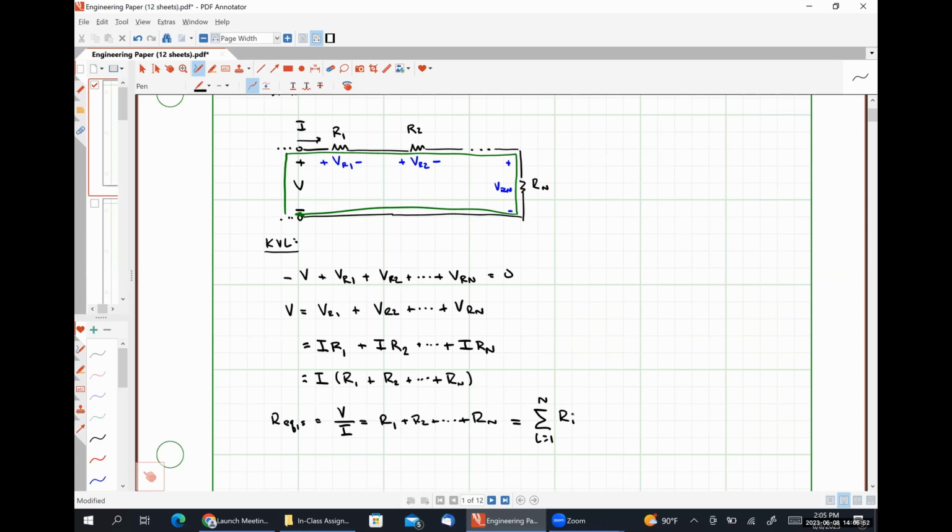Effectively, whenever we have resistors in series, we can simply add the resistor values together.